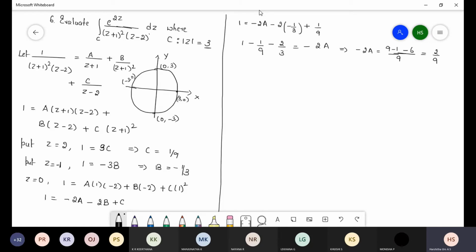So minus 2a is equal to 2 by 9. The 2 gets cancelled, and a is equal to minus 1 by 9.